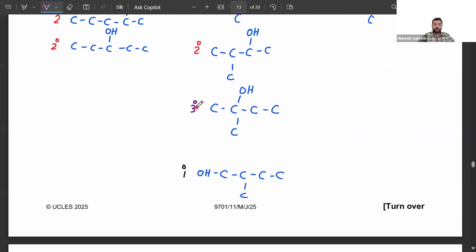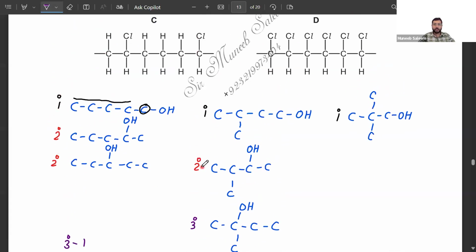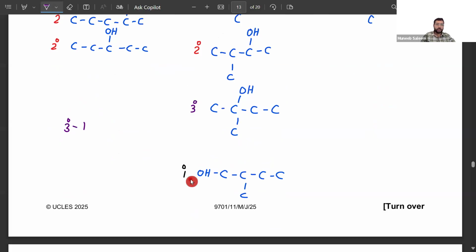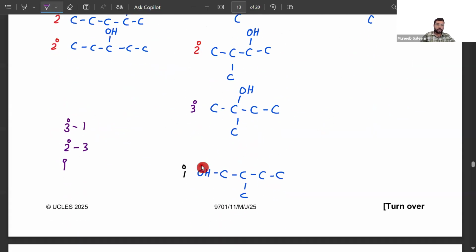There is just one tertiary alcohol. So I will write here, tertiary alcohol is 1. And the secondary alcohol, how many are there? 1, 2, and 3. There are 3 secondary alcohols. And the primary alcohol, if you count from here, 1, 2, 3, and 4. So there are 4 primary alcohols.